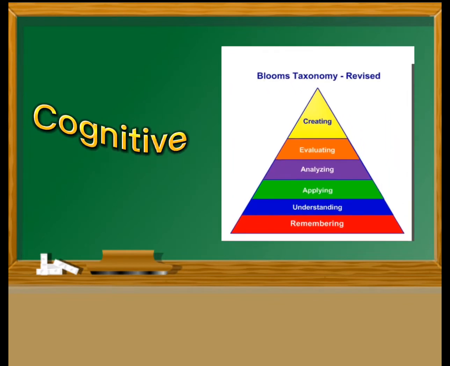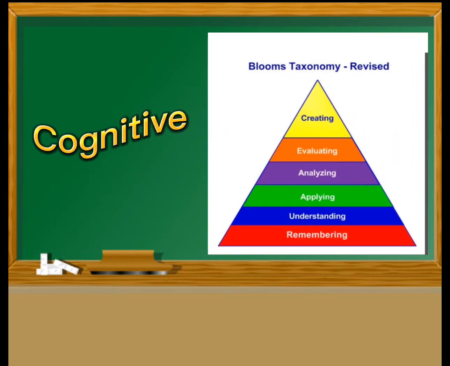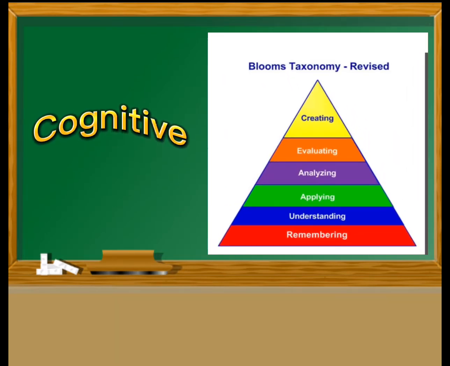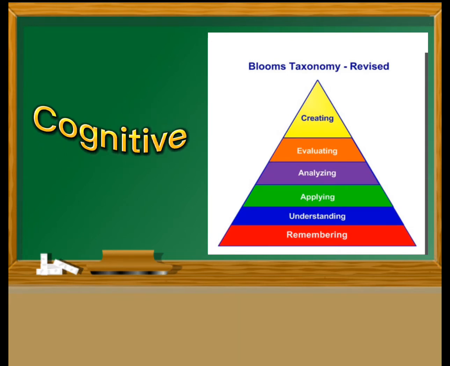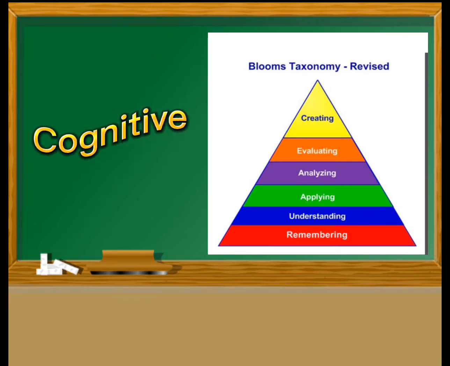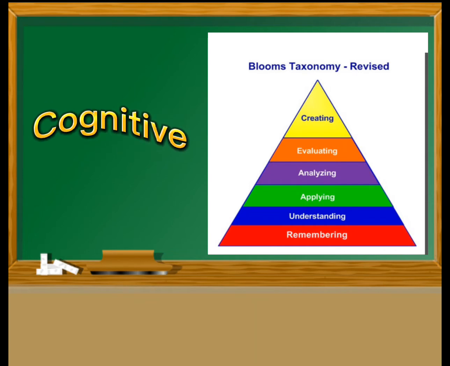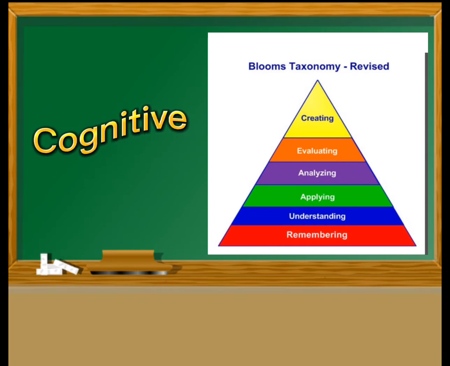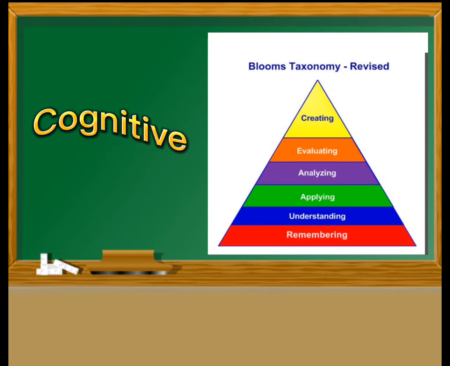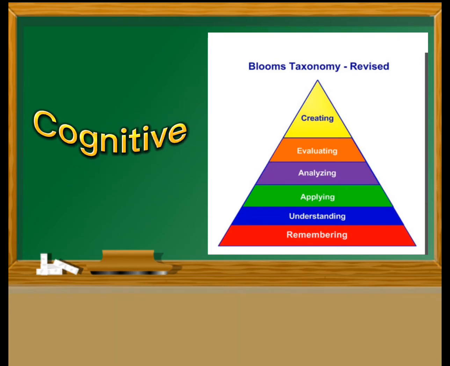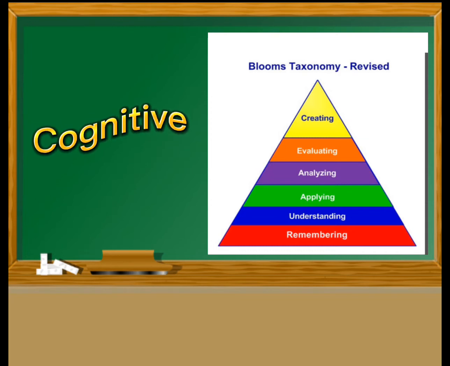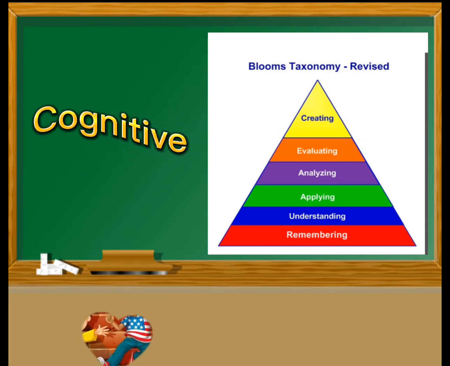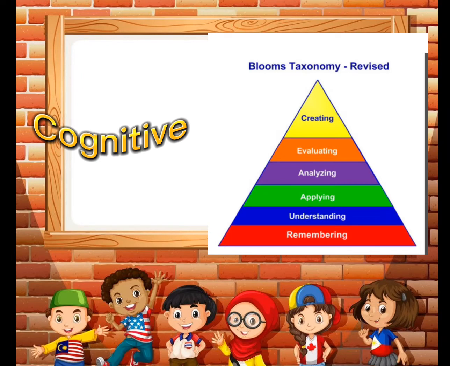So this is the newer version, which is spearheaded by one of Bloom's former students, Anderson, and Bloom's original partner, Mr. Anderson. The new version changed the steps to verbs. For example, remembering the lowest function, understanding, applying, analyzing, evaluating, and the last and highest function, which is creating.